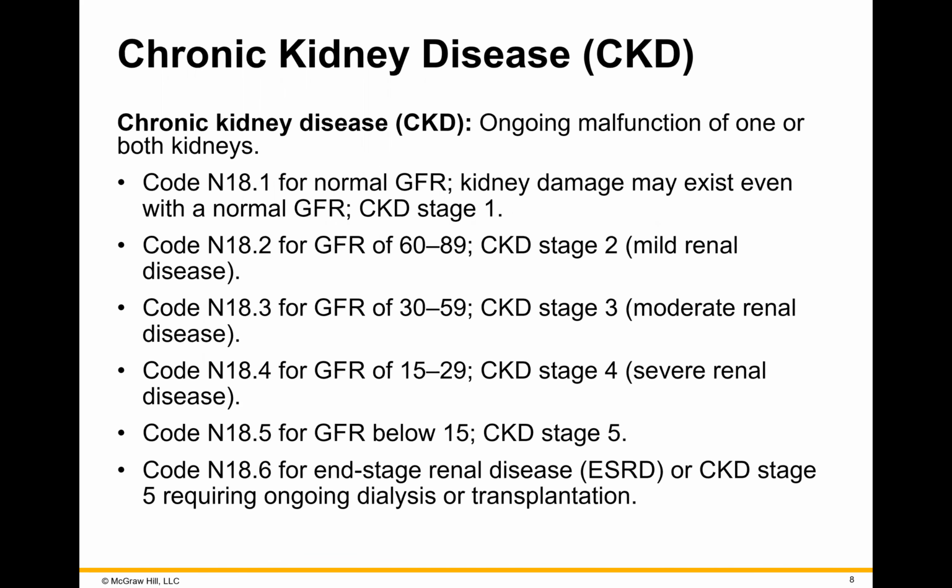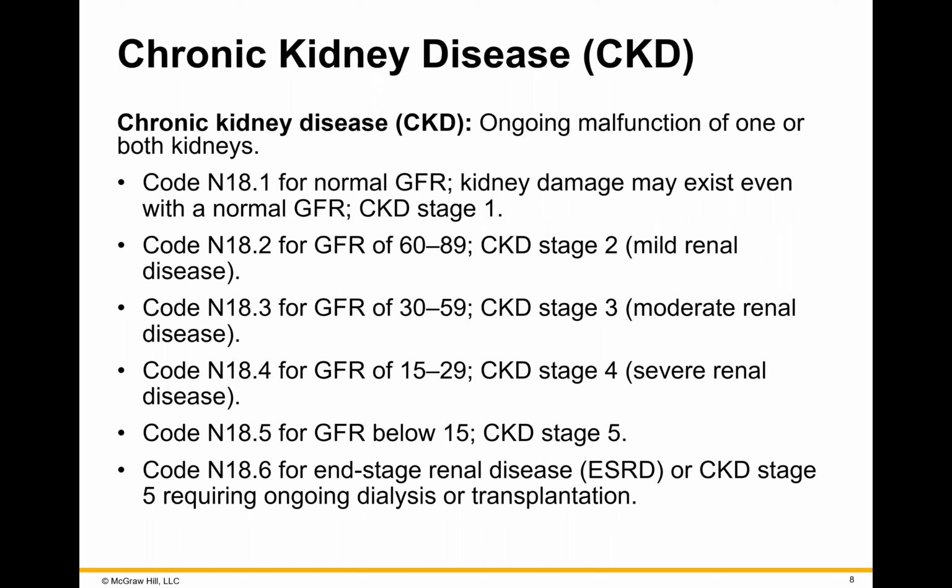And one of the things we look at is chronic kidney disease. Chronic kidney disease is put into 5 different stages, right? We would say 6 if you wanted to count end-stage renal disease, in other words, stage 5 that requires renal dialysis or transplantation.